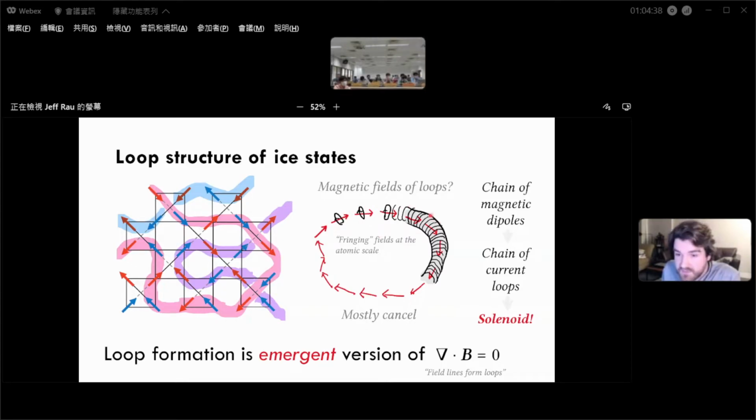If I stacked a bunch of these current loops together, this is like a very long solenoid. If I made a loop of a solenoid, it carries some magnetic flux in a circle, basically carries some bundle of magnetic field lines around the loop. Okay. So we're getting an emergent version of the same kind of thing we see in magnetostatics, that magnetic field lines must close, they must form loops. We're seeing that in these spin configurations.